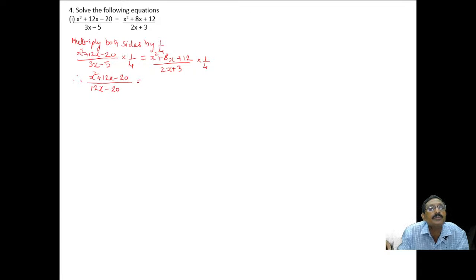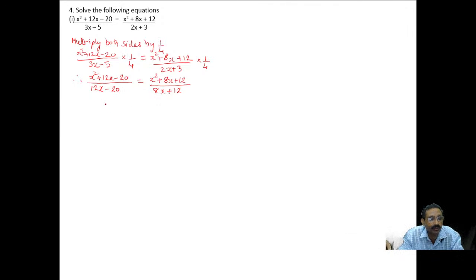This is equal to, similarly here, x square plus 8x plus 12 into 1 gives x square plus 8x plus 12, upon, multiply this 4 by this, 4 2s are 8x plus 4 3s are 12. Now we got x square plus 12x minus 20 upon 12x minus 20, which is equal to x square plus 8x plus 12 upon 8x plus 12.